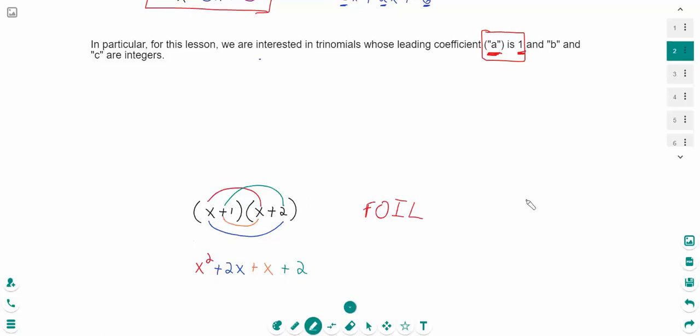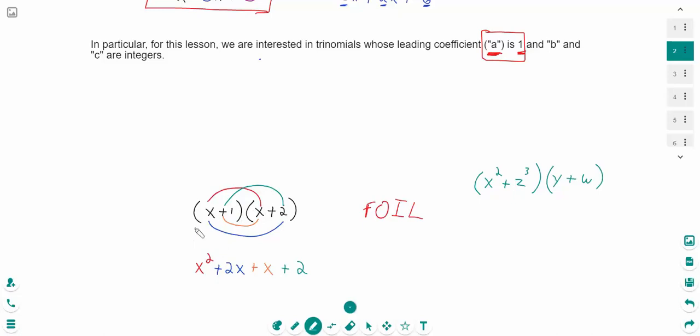You may have noticed they hardly, if ever, have given you any problems that look something like this: x squared plus z cubed times y plus w. I don't know if they've ever given you a FOIL problem that looks like this. It's always been in the form of a variable being summed with a number, and then that's being multiplied by the same variable summed with another number.